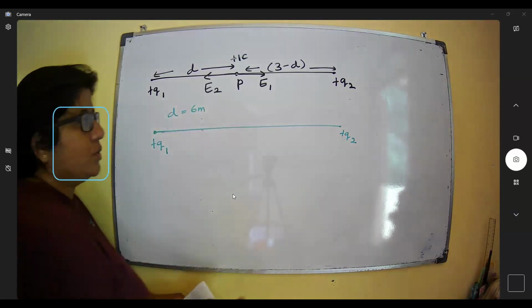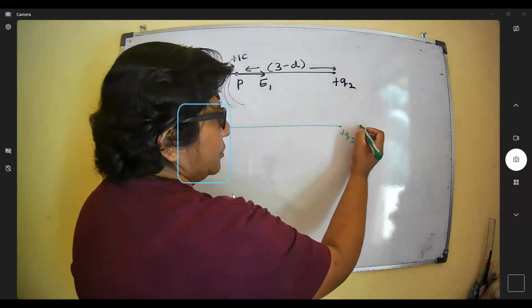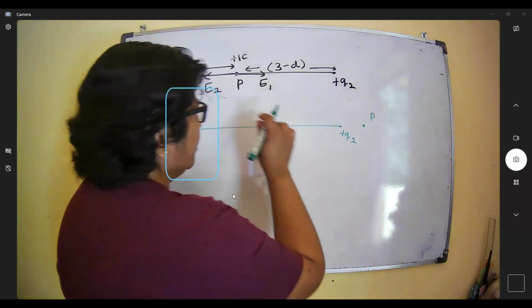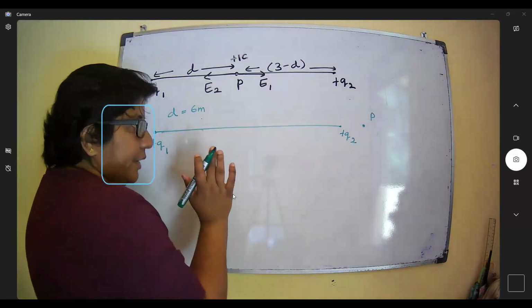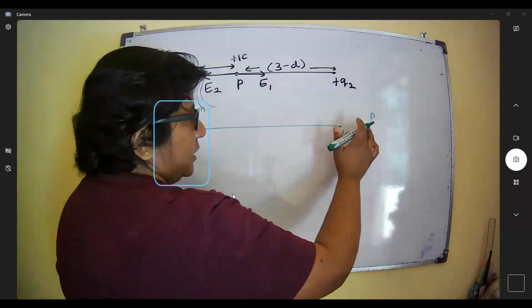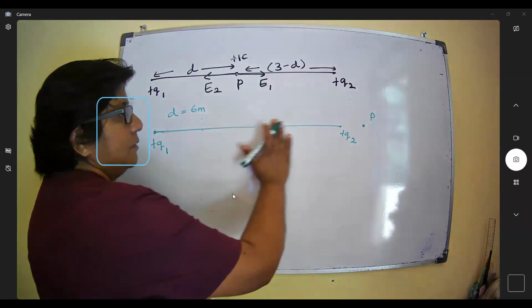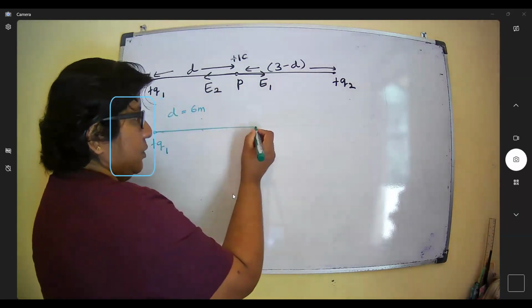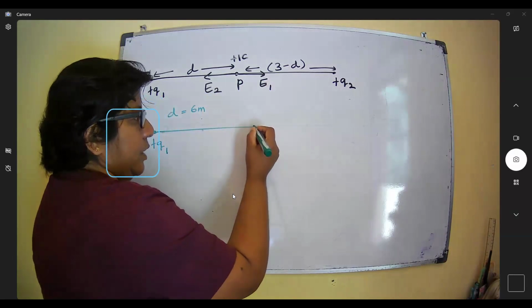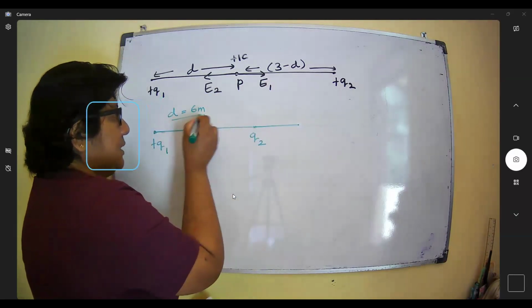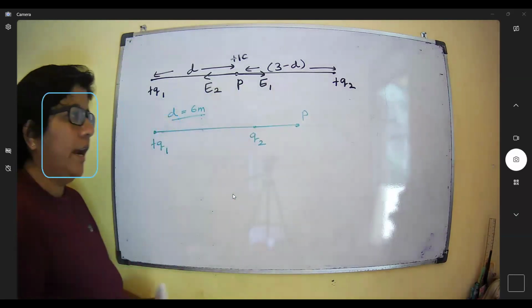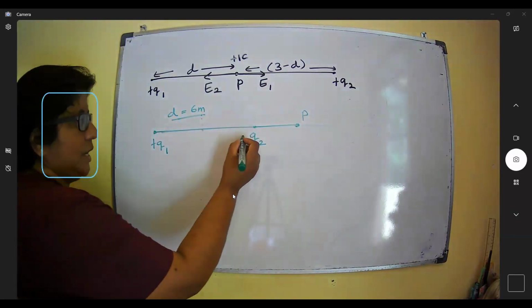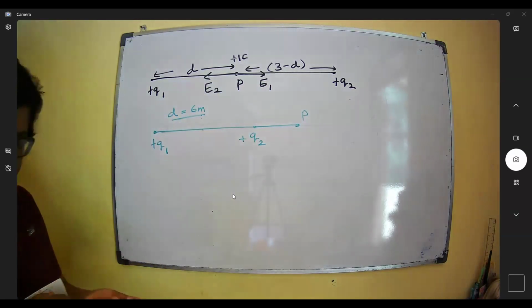The P is outside, beyond Q2. This is the P, because the position is 6 meter. Between these two is 3, and outside 3 plus 3, 9 is larger than Q2. Then the answer is D is equal 6 meter, P here. Right? Then both are positive charges. Now we can check the direction.